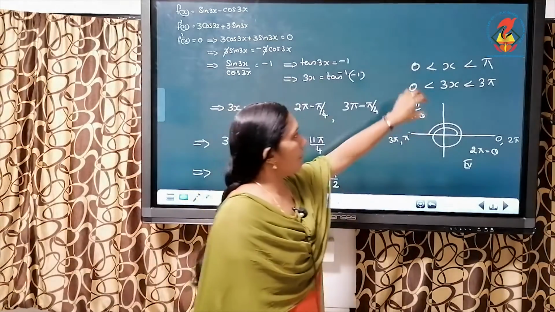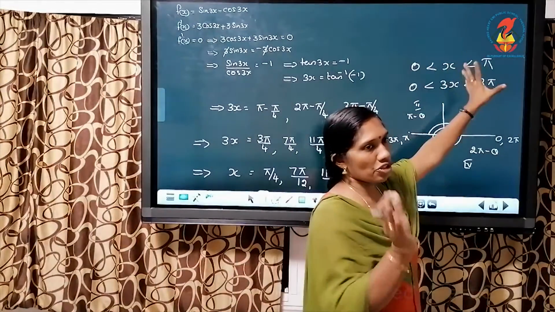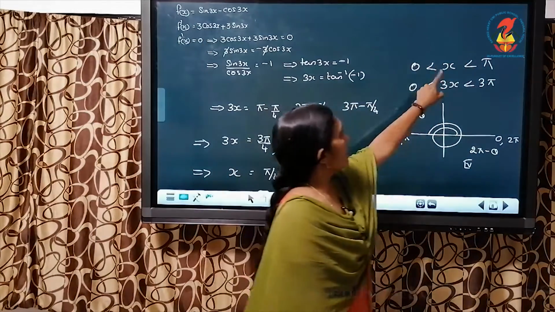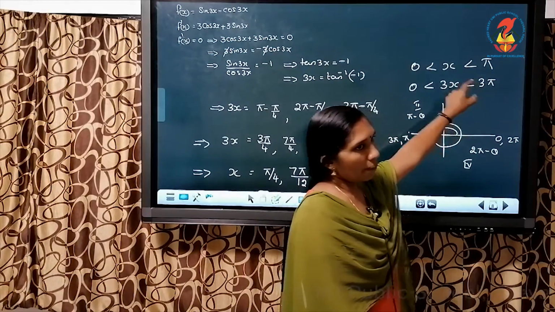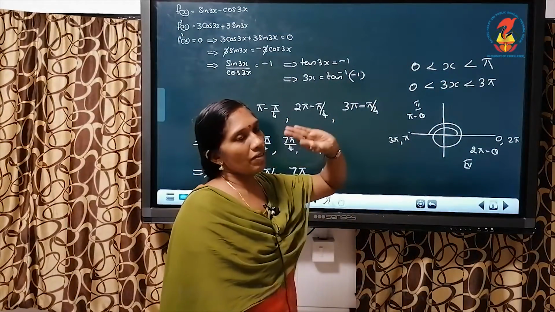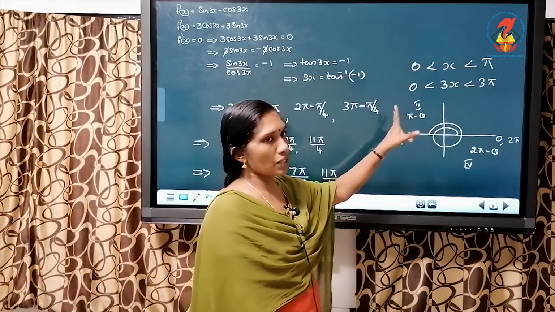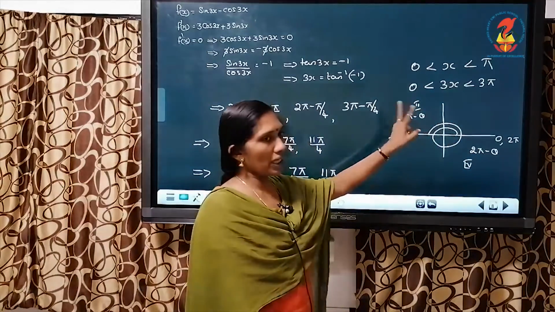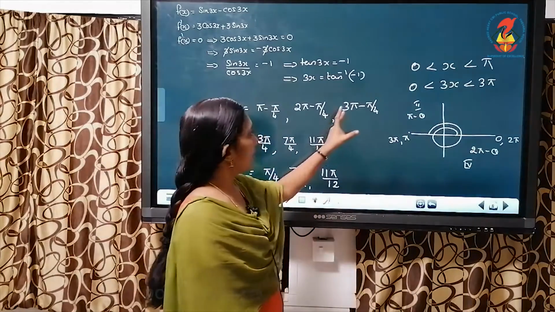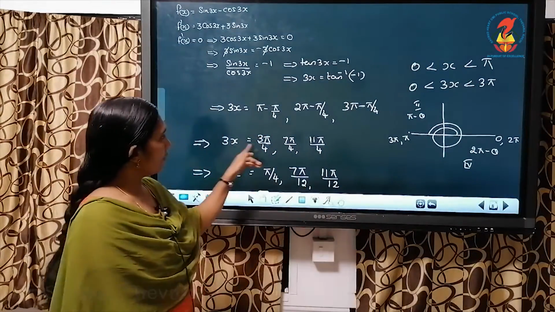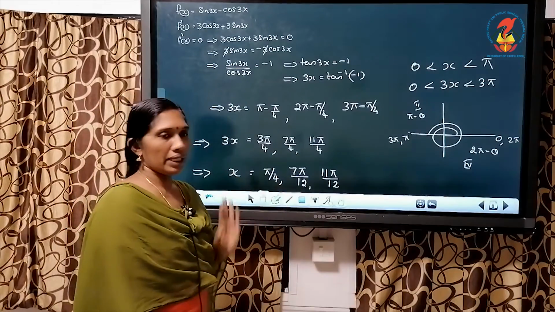So always the range will be given. x is in which range, that will be given. So x is in 0 to pi. So 3x is 0 to 3 pi. Tan inverse negative means we get 3 values, that is from the second quadrant, fourth quadrant, then again from the second quadrant, that is 3 pi minus pi by 4. Then we simplify that, divide by 3.